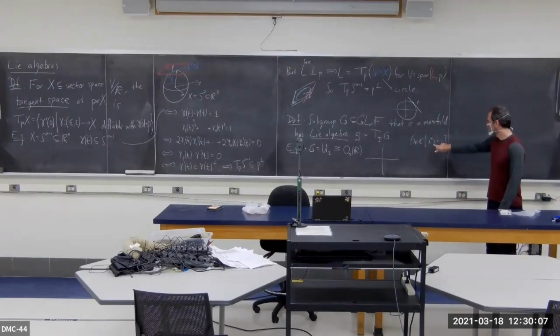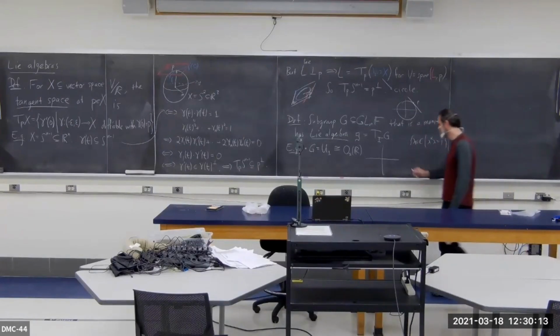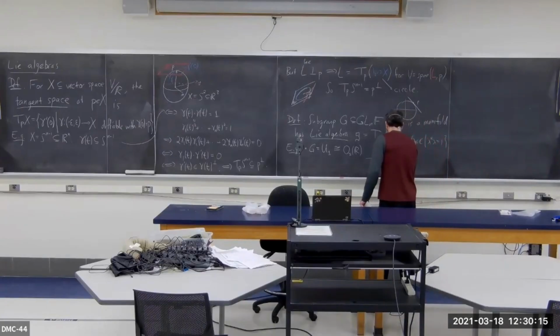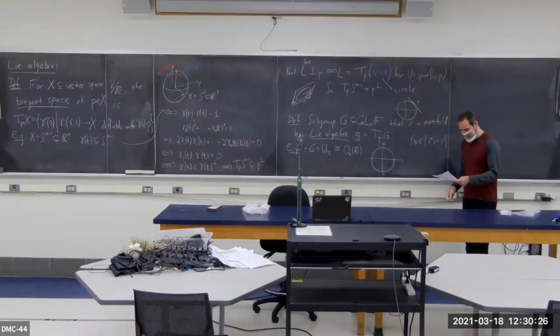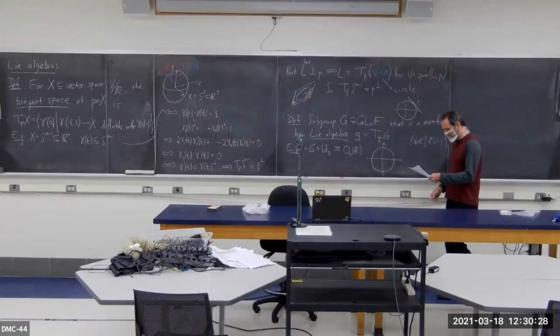Lambda star lambda is the square length of lambda, so this says lambda such that their square length is 1. That's otherwise known as the unit complex numbers. So it looks like this. All right, so this is the real axis. This is the i-axis. Okay. So then what is the tangent space?